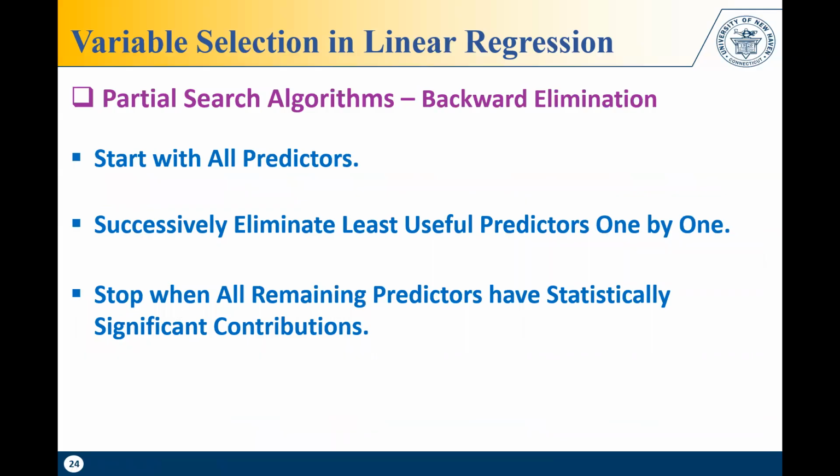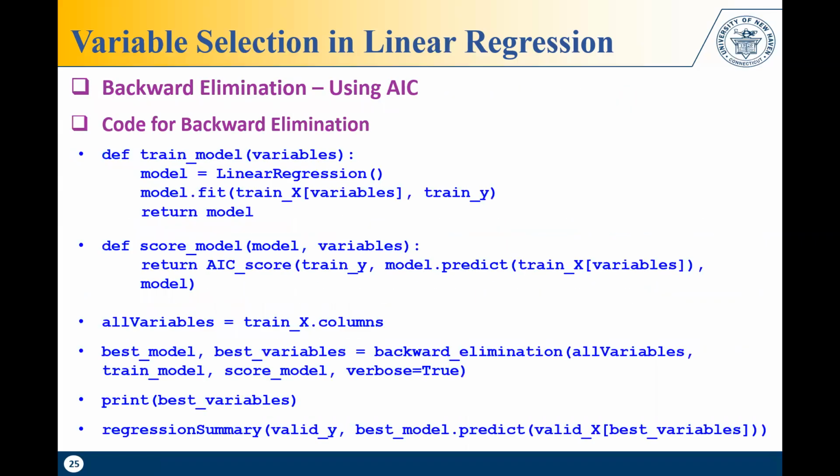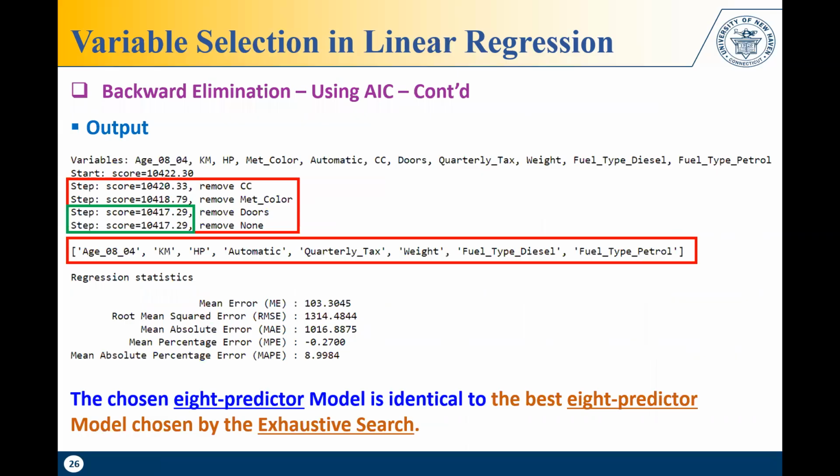For the backward elimination method, we start with all predictors first, and then eliminate the least useful predictors one by one, repeatedly. We stop only when all the remaining predictors have statistically significant contributions. So here's the code for backward elimination using AIC. And here's the output. We started with all predictors and kept removing predictors until the score didn't change.